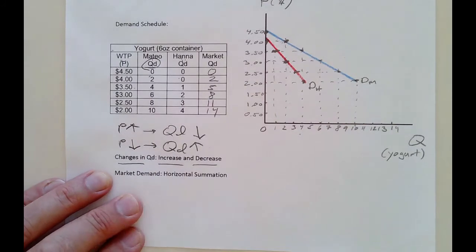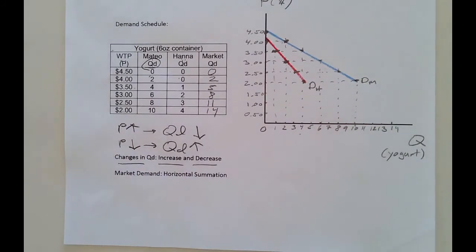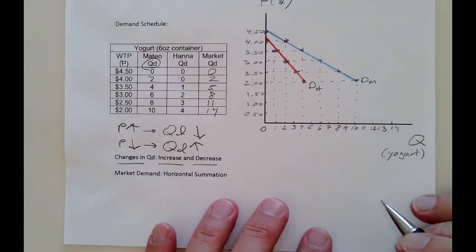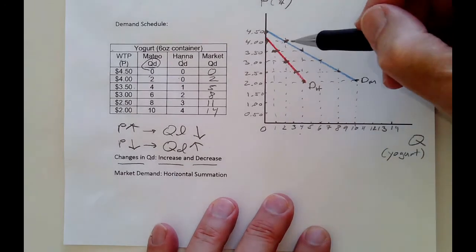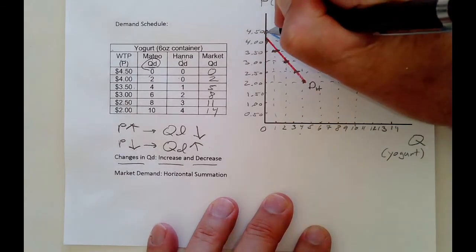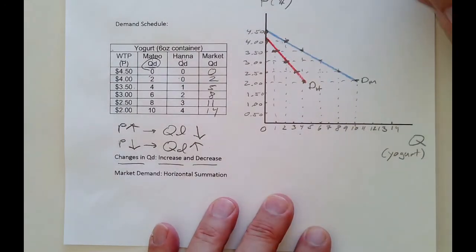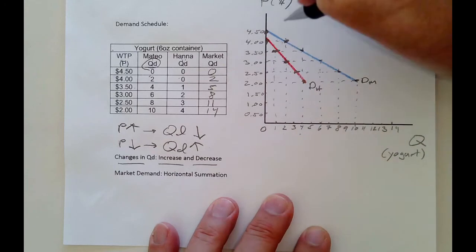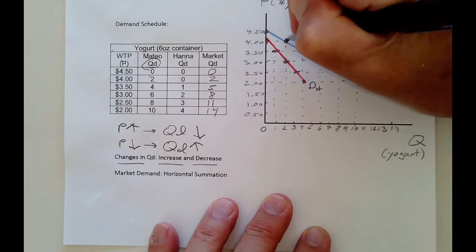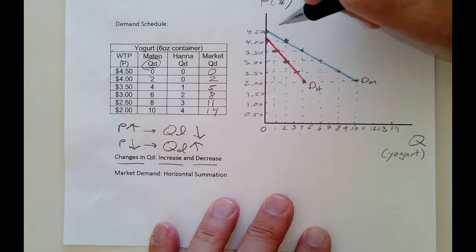And just come over here, now we can plot these numbers here. And so at $4.50, the market demand starts there, just with Mateo. And then at $4, the market demand's going to have a point there, and that's just Mateo because Hannah's not in the market yet.